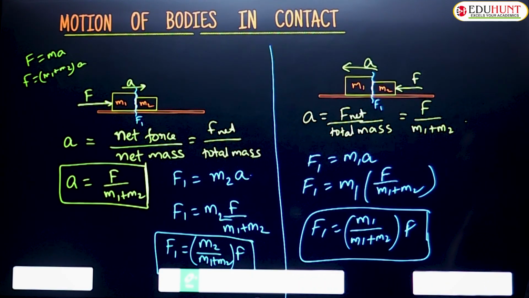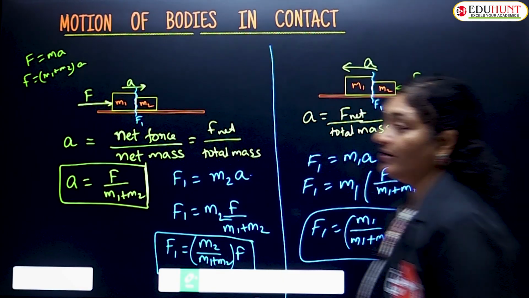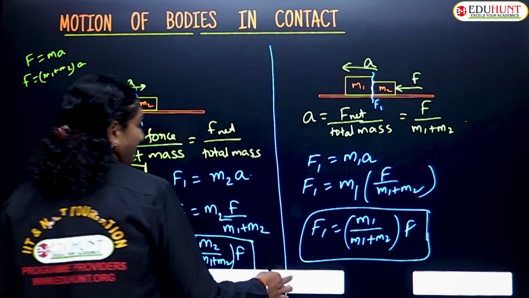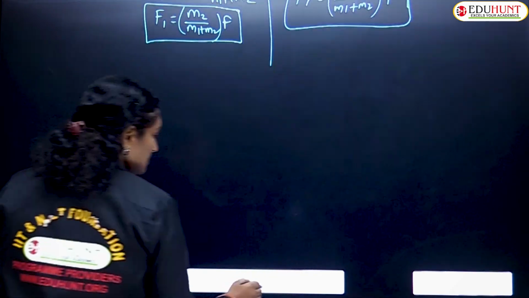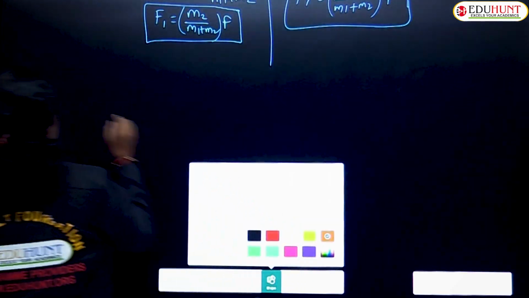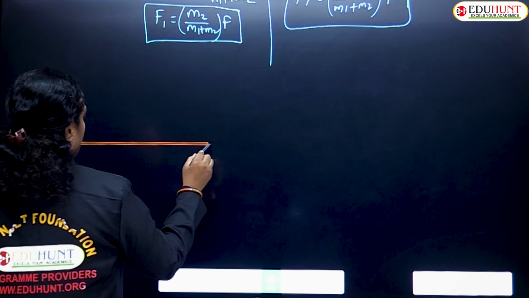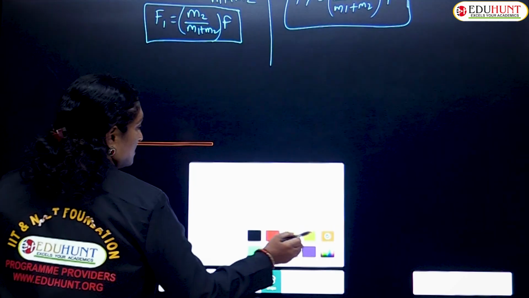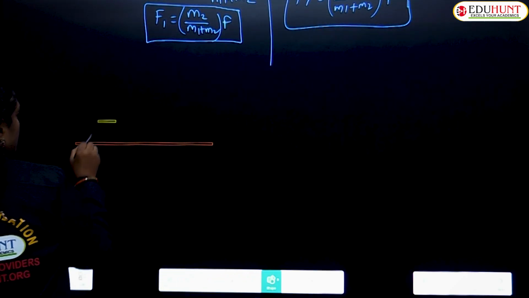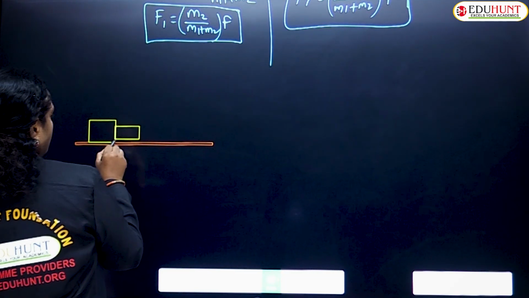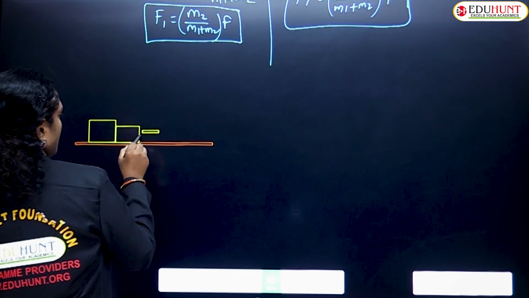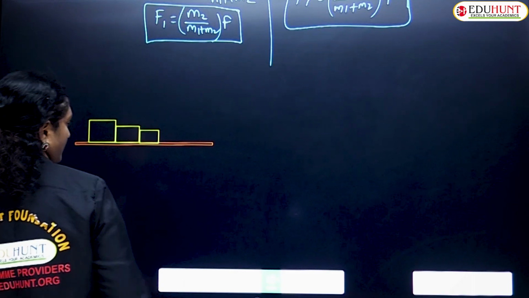Let us also try to understand the case when three blocks of masses are connected as shown. For this, let us try to understand the same with a simple example. Let us consider a smooth horizontal surface on which three blocks of masses m1, m2 and m3 are kept.